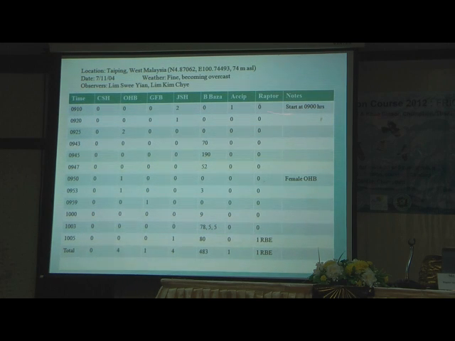And then these are notes that you can put in on the weather, some unusual behavior that you saw. And if you can identify the gender of the bird, it is even better. RBE is rufous-bellied eagle. Sorry.